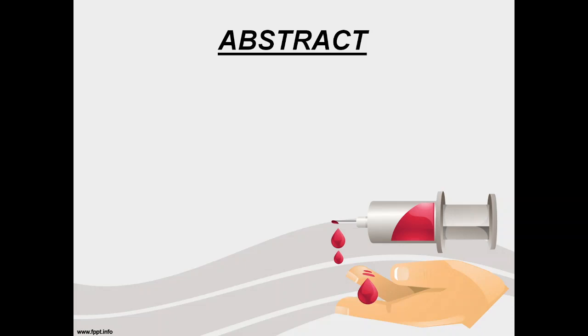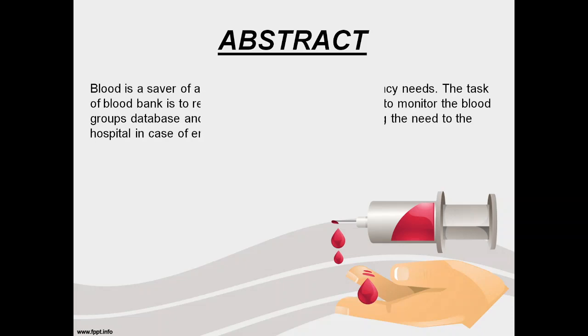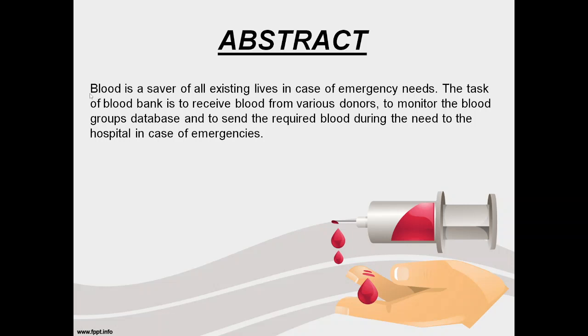Next is the abstract part. The first point is blood is a saver of all existing lives in case of emergency needs. The task of a blood bank is to receive blood from various donors, to monitor the blood groups database, and to send the required blood during the need to the hospital in case of emergency.